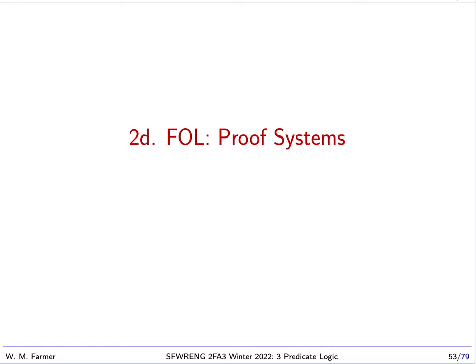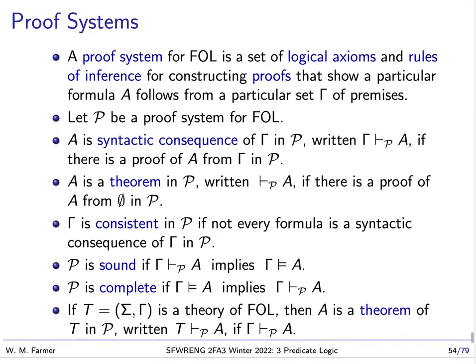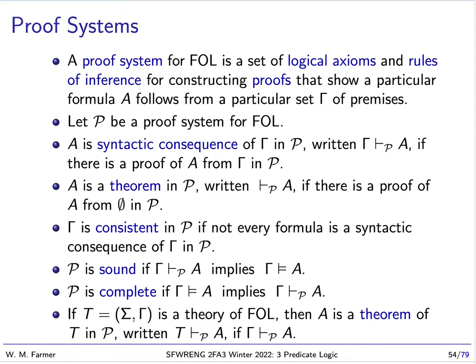Today we're going to look at proof systems for our version of first-order logic, FOL. Now, a proof system for FOL is a set of logical axioms, which are formulas that are true or valid in every situation, and a set of rules of inference.